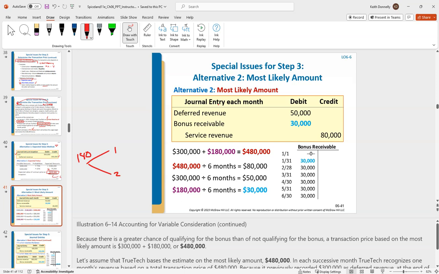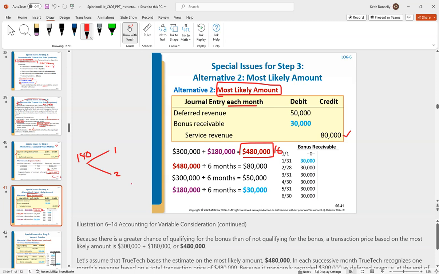How about option 2, where we use the most likely amount? Well, this says the most likely amount is $480,000. If you divide that by 6, each month for the next 6 months, we'll have 80,000 in revenue.